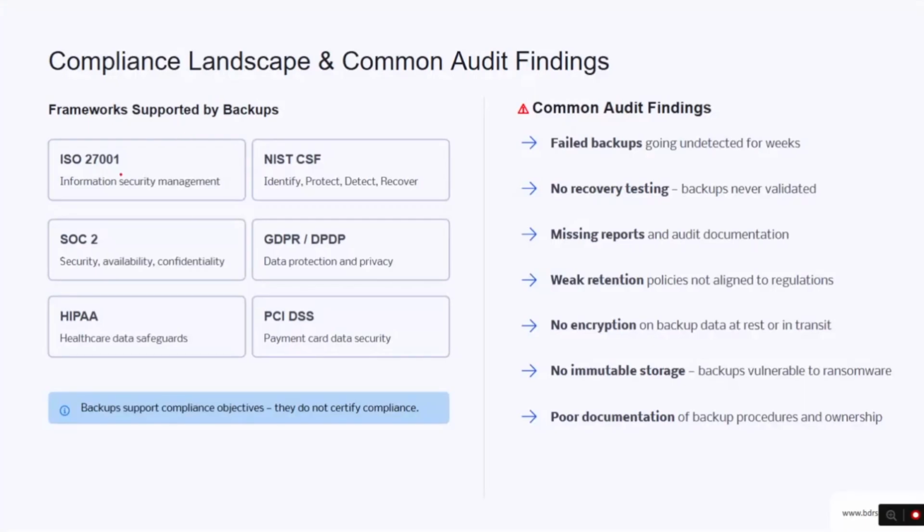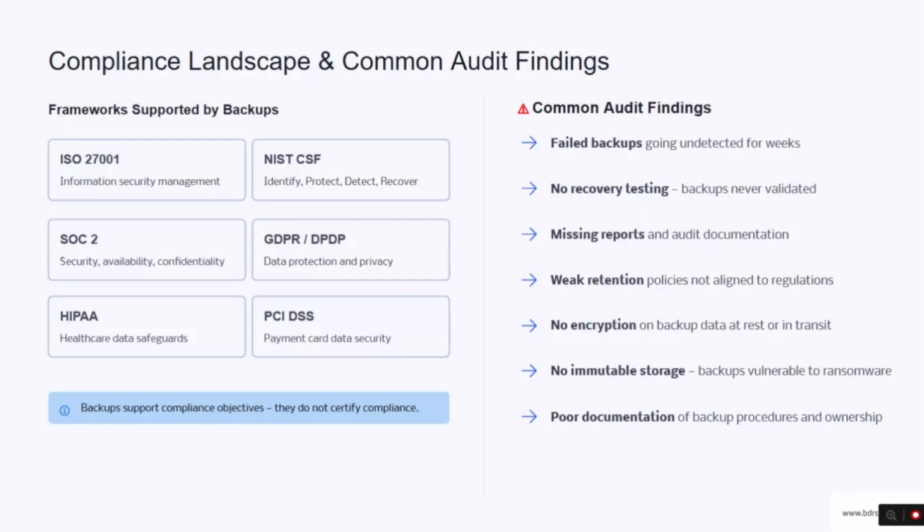Now ISO 27001 is completely based on the management of information security. NIST CSF is about identity, protection of data, detection of any malware or attack, and recoverability. That's about NIST CSF. SOC 2 has security, which talks about the security of the data, availability of the data, and how confidential that data is.